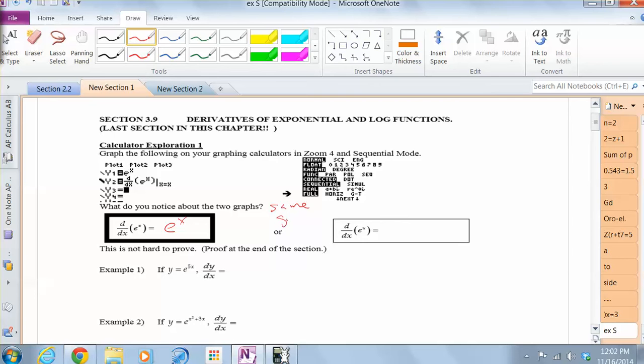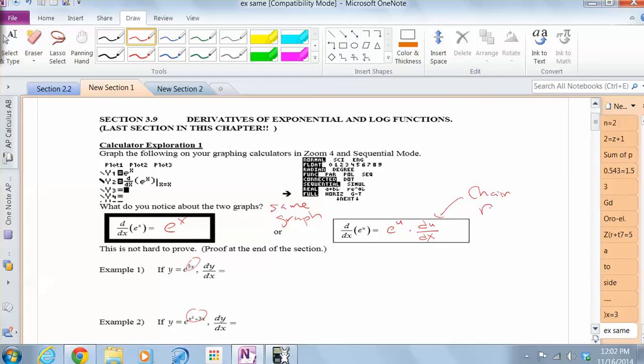Now, if your exponent's not plain old x, if it's something else, like in this case e to the 5x or e to the x squared plus 3x, we're still going to say it's e to the u, but then we're going to have to do the chain rule. So the derivative of e to the u is e to the u times du dx, just using the chain rule.